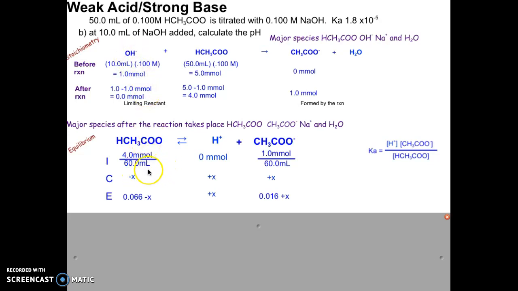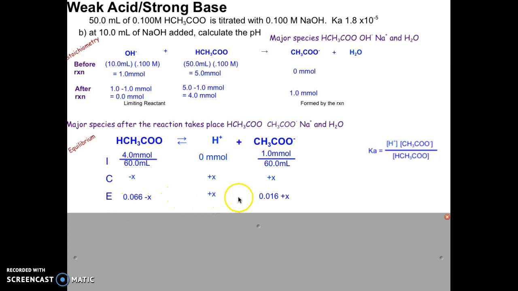So this concentration is 4 divided by 60. Here, the acetate that you had is this 1 millimole that was formed over that total volume, which is 60 mils. So completing the ICE table, you'll notice that I get an equilibrium line here. This 0.066 comes from 4 divided by 60, and the 0.016 comes from the 1 divided by 60.